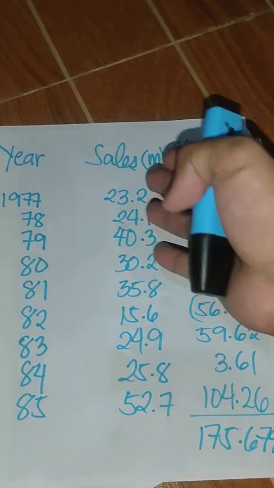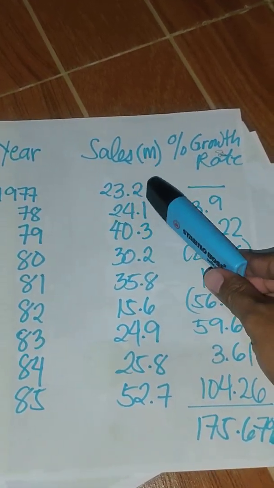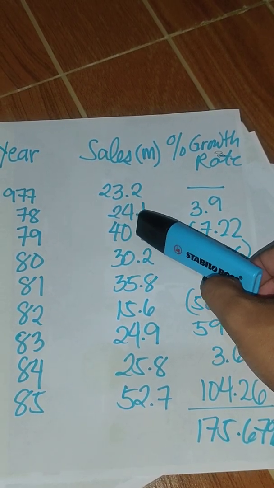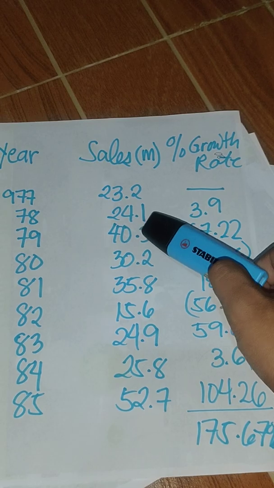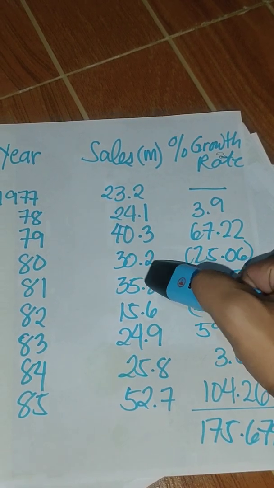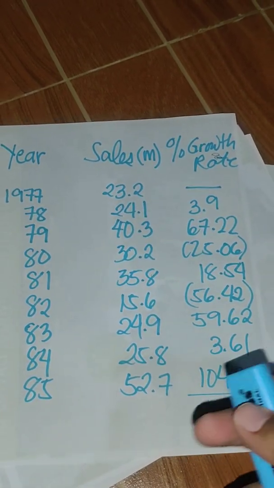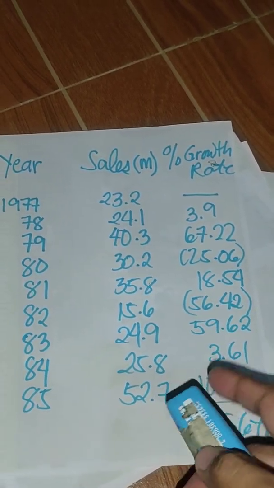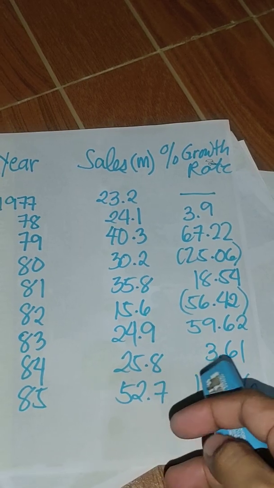So if you can observe, 9 times can increase from 23 to 24, 24 to 40, and also may decrease 40 to 30, then increase na po. So nag-fluctuate siya whether it increases at a certain point or decrease ana nga year.